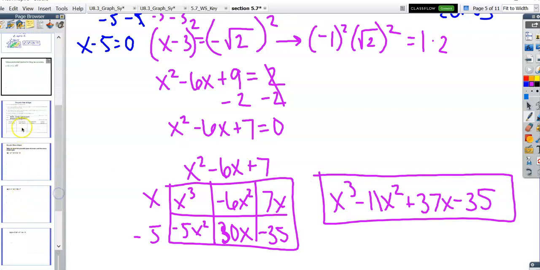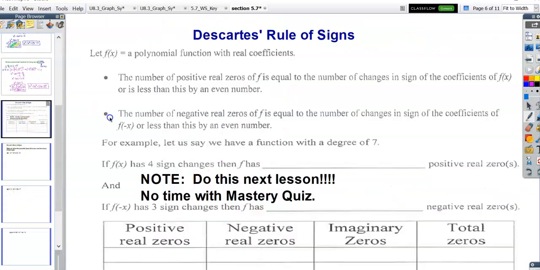Okay, I am going to introduce the next topic. We are talking about Descartes' rule of signs. So if we have a polynomial function with real coefficients, the number of positive real zeros of f is equal to the number of sign changes in the coefficients of f of x, or is less than this by an even number.